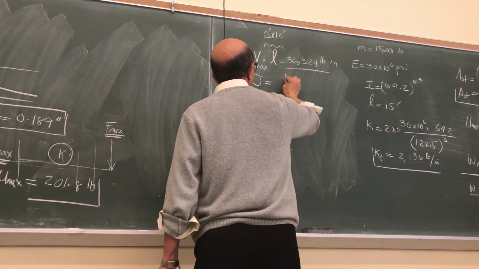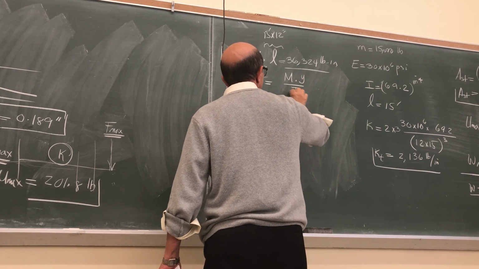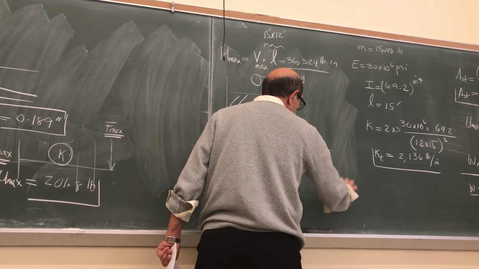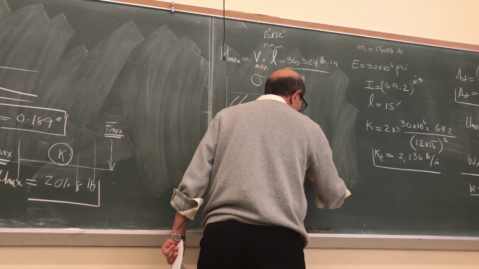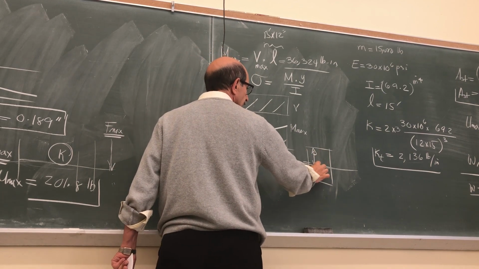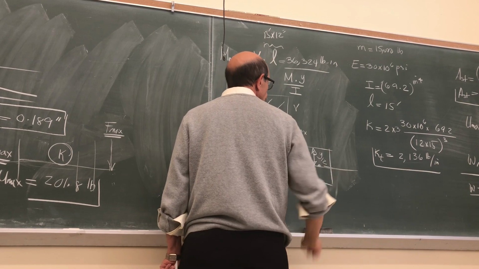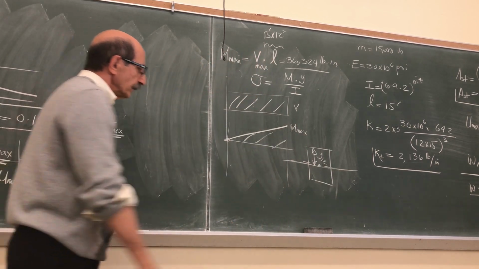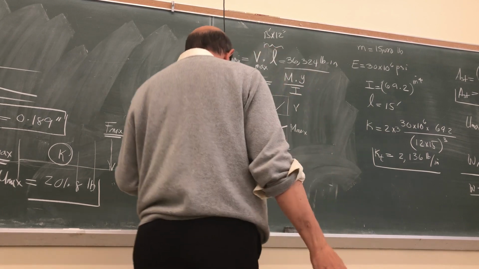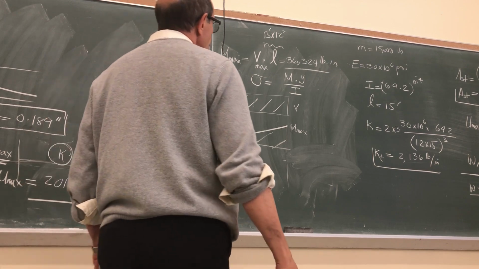You remember it was M Y over I. So if you had a beam with this cross section, this was basically Y over 2. But anyway, in this case, of course, unfortunately, the problem has just given the value for that.